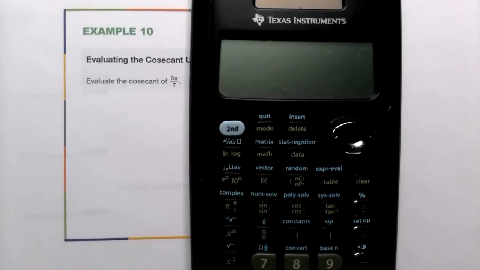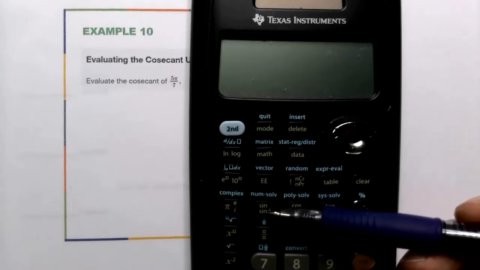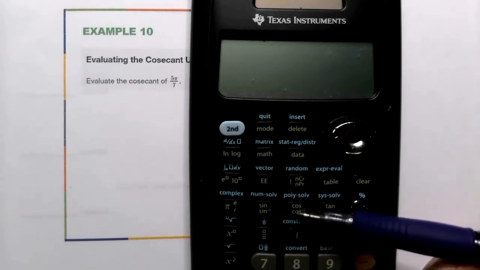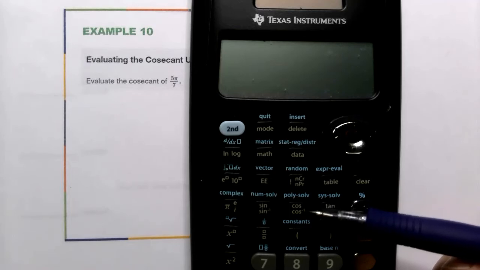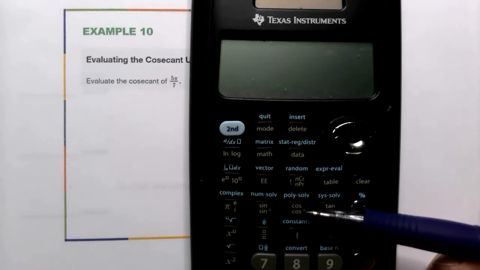And here's my calculator. I want you to notice that all of the calculators have sine and inverse sine, cosine and inverse cosine, which we haven't talked about yet, and the same for tangent and inverse tangent. Now, this -1 is not 1 divided by sine. That means something else. It means the inverse of that function.